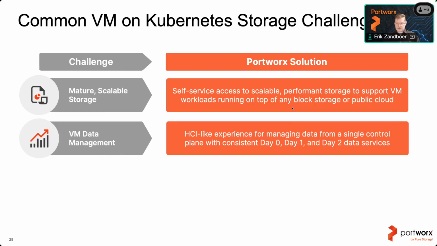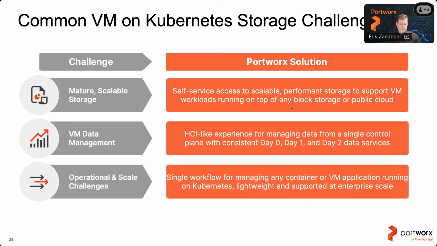You need data management. So you need something that is easy to manage at scale, whether that's day 0, day 1, or day 2 data services. And we'll get into some of the features that Portworx provides to make this really easy. And finally, operational and scale challenges.